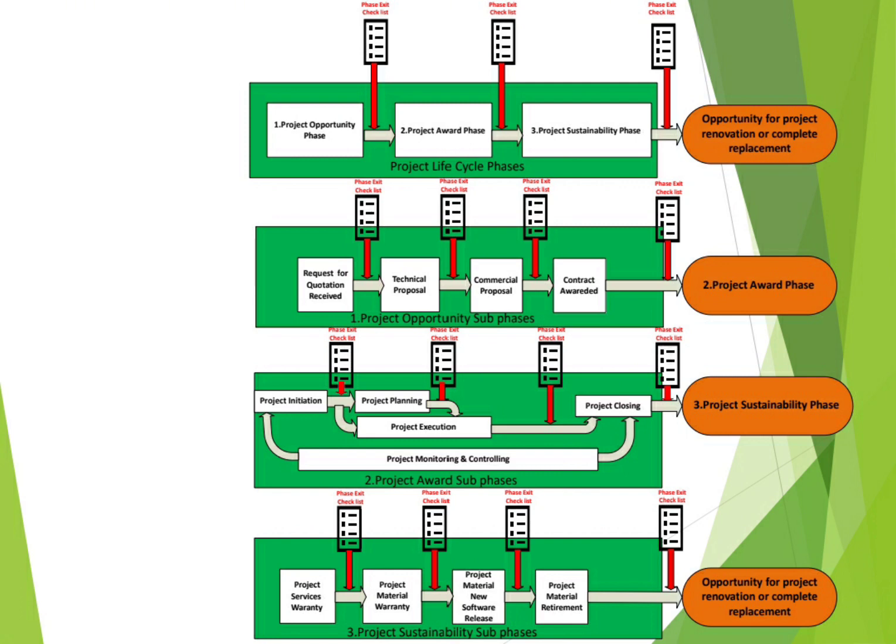The risk response plan and the risk register will also be included here. The communication matrix and the organization chart, all of this will be the phase exit checklist from the project planning.